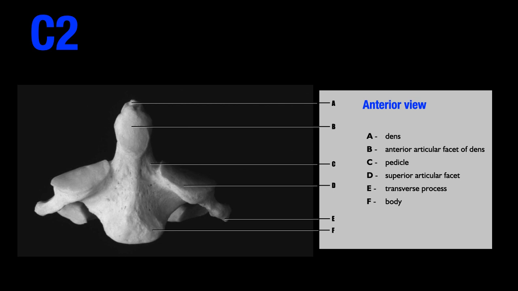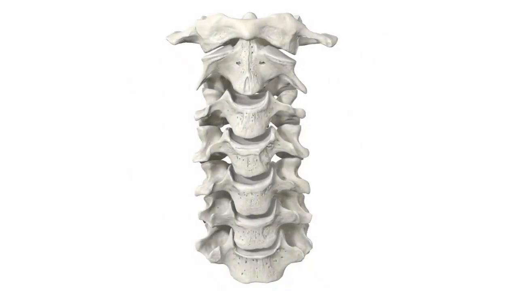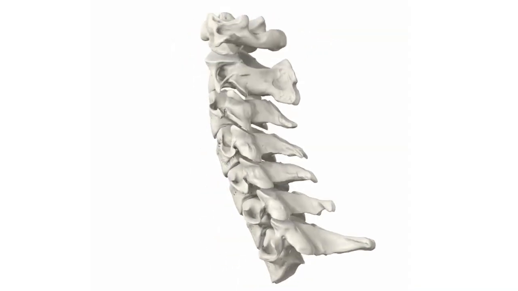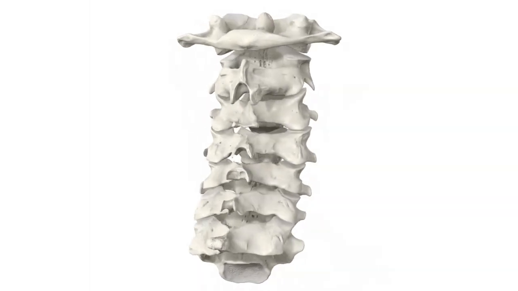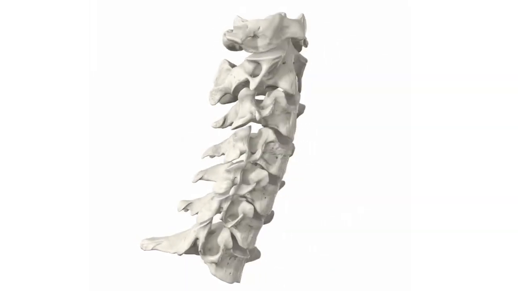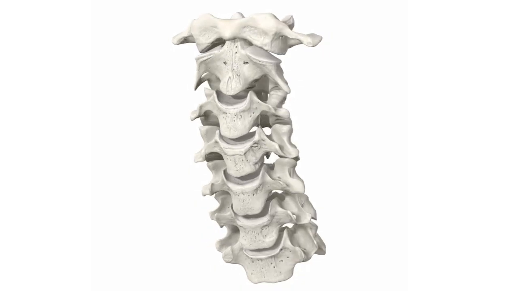The dens is about 1.5 centimeters high, so quite big. Here you can see the atlantoaxial joint and some other characteristics of the cervical spine as well.